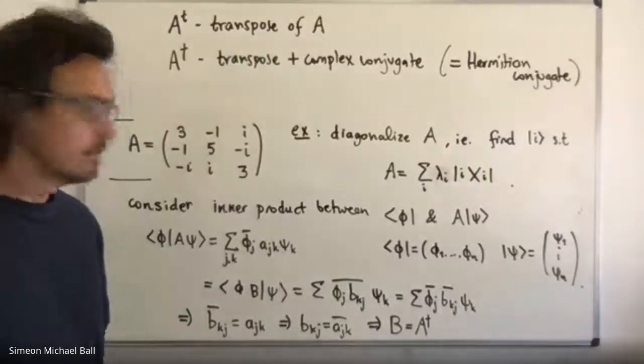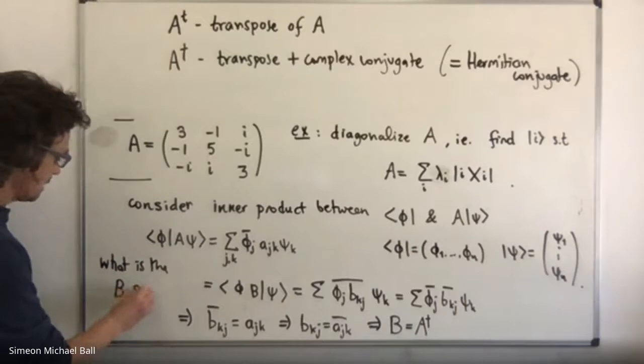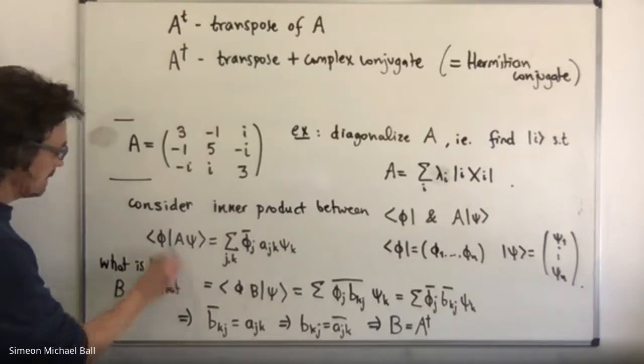By definition, we define the map of A as the map by the function A or B as the right. Ah, okay. What is the B such that this is equal to this?